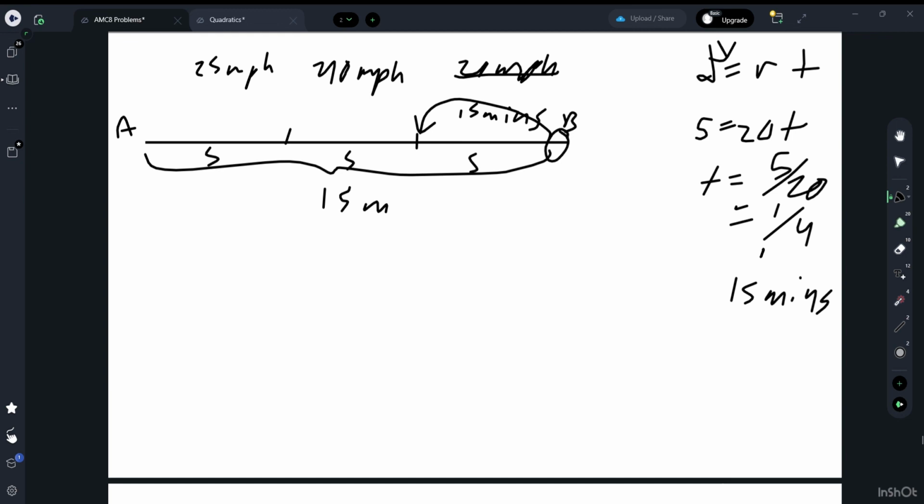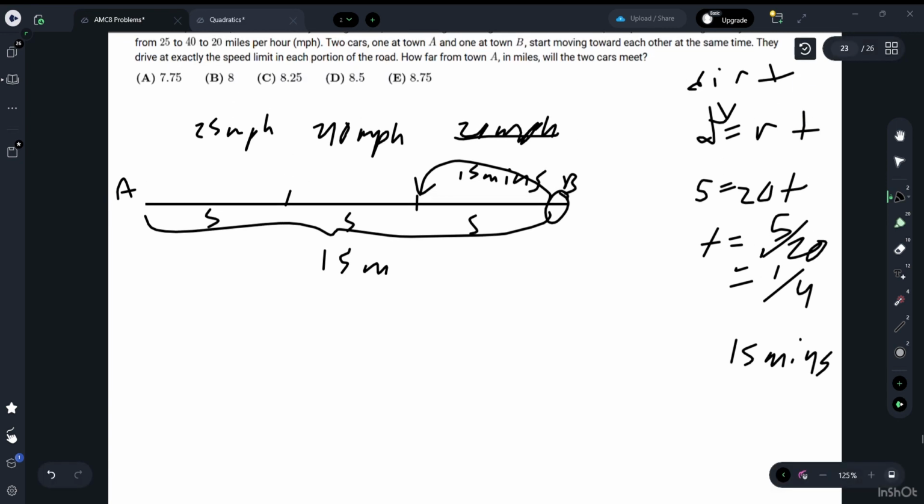Well, let's notice one thing. We cannot just plug 15 minutes into the distance equals rate times time formula, because we know it will travel further than that, and it will have to go to the 40 miles per hour range because it travels faster in this range. Let's first take a look at how long it will take the car that starts here to get to the end of the 25 miles per hour range.